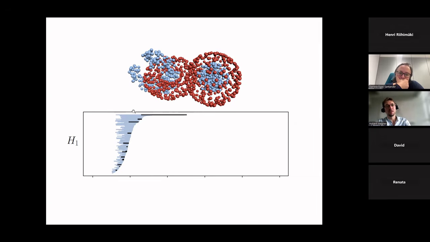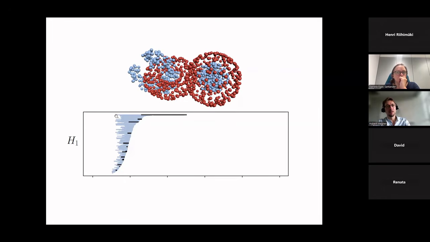So this is what's detected by this long bar, but then this long black subbar tells us that it's going to die much sooner when we introduce the blue points, simply because we're quite literally filling up this hole inside.